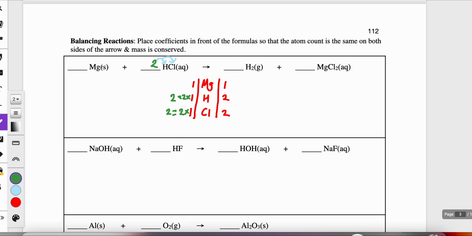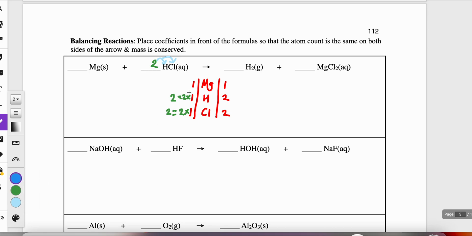Mg is a different chemical formula because there's the plus sign between the Mg and HCl, so they are 2 different substances. So the coefficient of 2 I put in front of HCl does not affect the Mg. So I still only have 1 Mg.